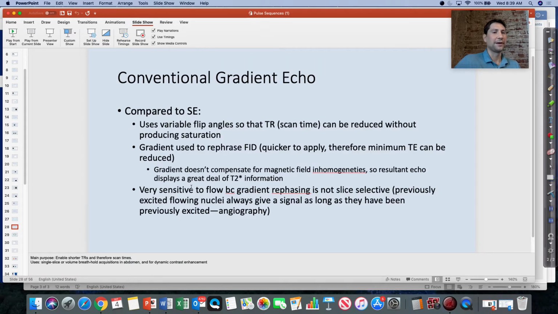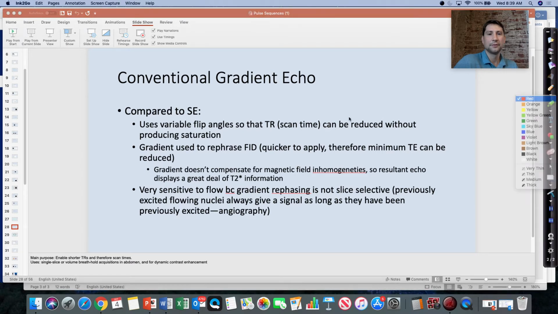So we've talked about a couple of these things already, but I just want to go over them again. With your conventional gradient echo, compared to spin echo, we're using a variable flip angle. And what's the symbol for variable flip angle? Alpha.